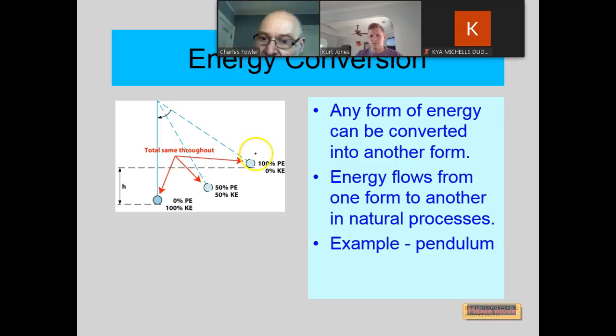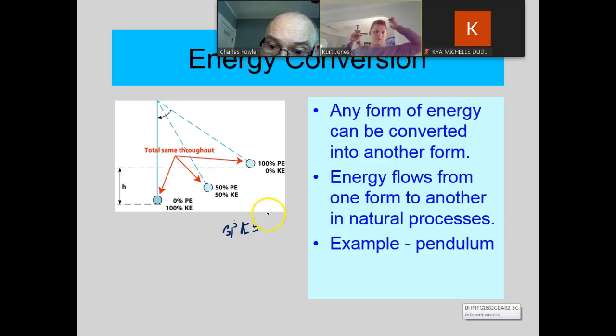Right here, the pendulum mass or weight has 100% potential energy. Does anyone remember the formula for gravitational potential energy? My pen's not writing well. Anyone remember that formula? Since it's gravitational potential energy, I'll give you a hint: the acceleration due to gravity is in it.